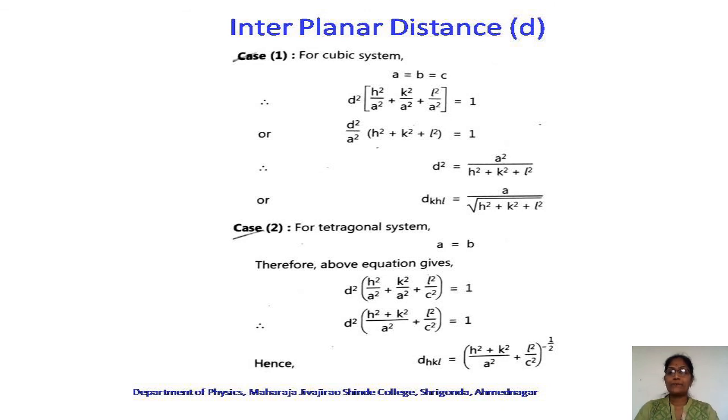Therefore, d square into bracket h square plus k square upon a square plus l square upon c square is equal to 1, and this will give us d hkl as h square plus k square upon a square plus l square upon c square raised to minus half. This is the relation for interplanar distance and lattice parameters in case of tetragonal system. Thank you.